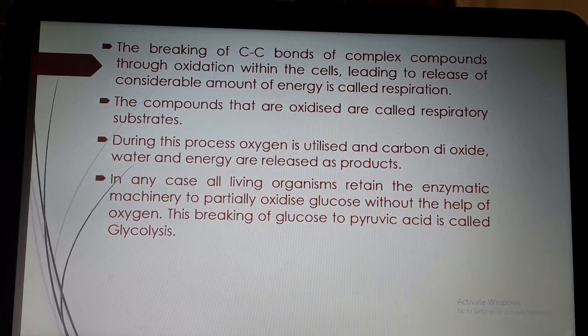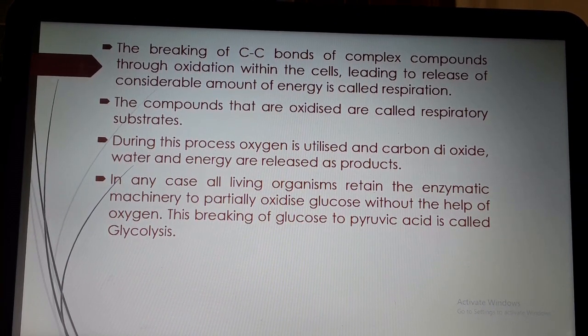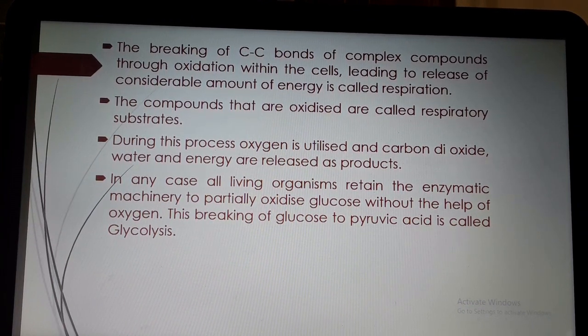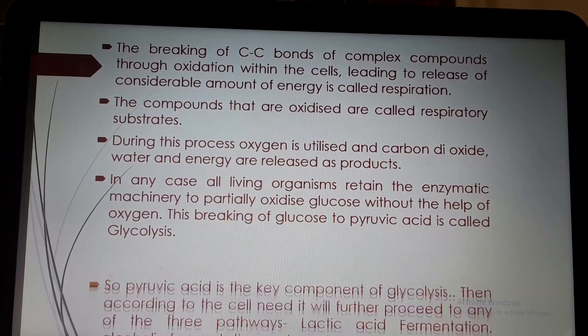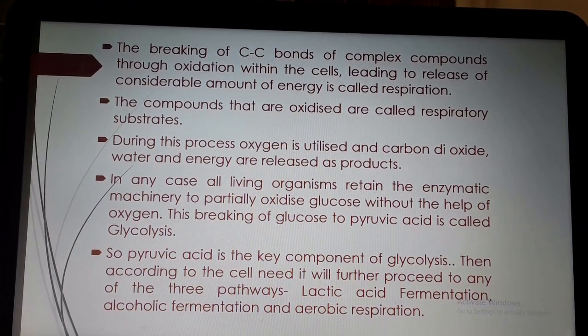This breaking of glucose to pyruvic acid, which occurs in the cytoplasm, is known as glycolysis. So here there is no need of oxygen. Pyruvic acid is the key component of glycolysis.